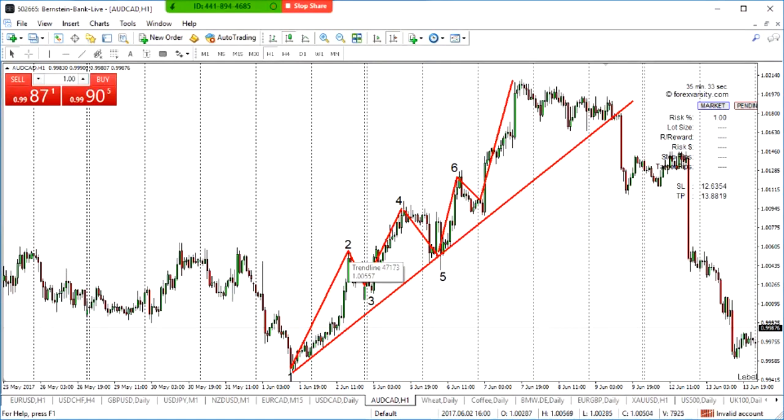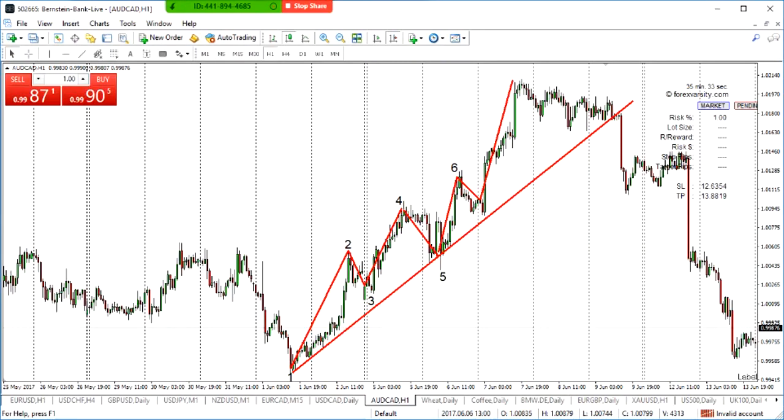Always on an uptrend, buy at your lowest point and close your profit at your highest point. If you would have bought here, you would have taken profit there. Buy here from point 3 to point 4, that's where you're taking profit. From point 5 to 6, that's where you are willing to take profit.